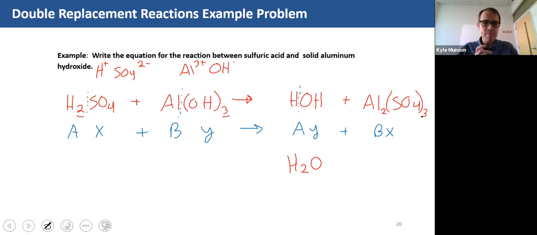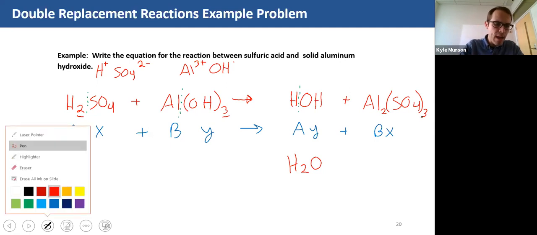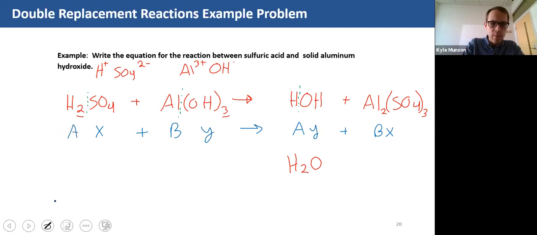Okay, so now I need to balance this chemical equation, and let's see here. So on the one side of the equation, if I just start here, for example, I have 2 aluminum, okay? So if I put a 2 here, okay, that balances the aluminum, okay? Over here, I have 3 sulfate anions.